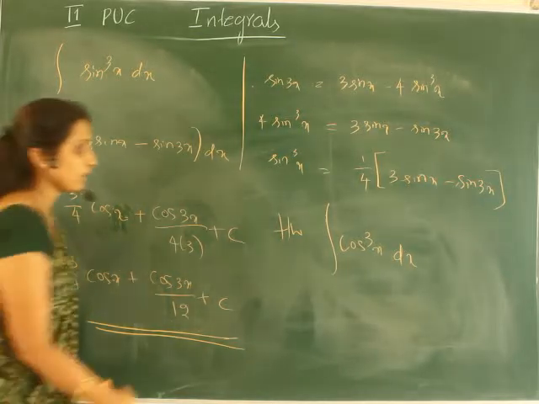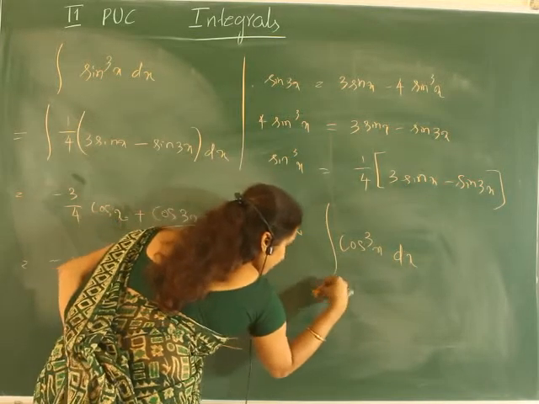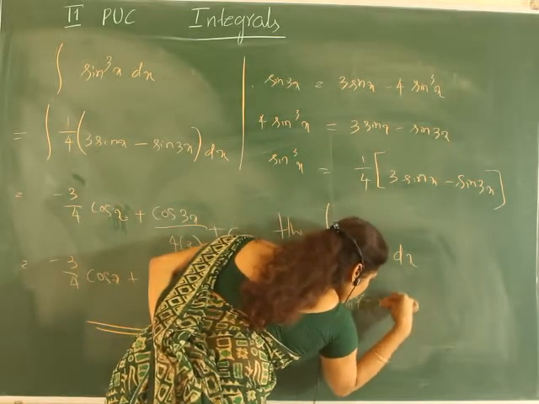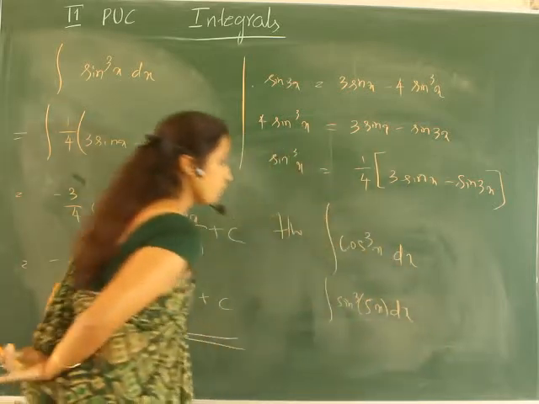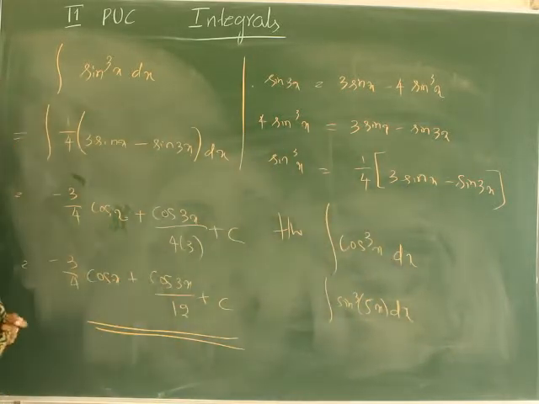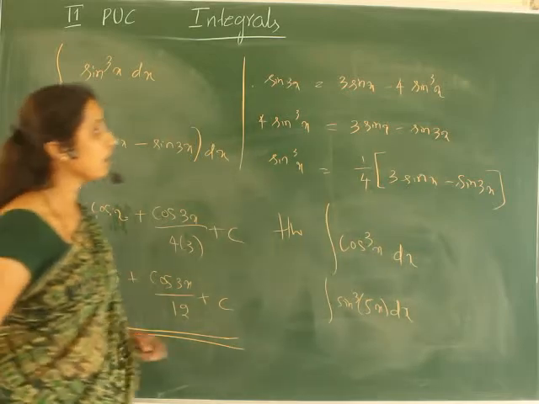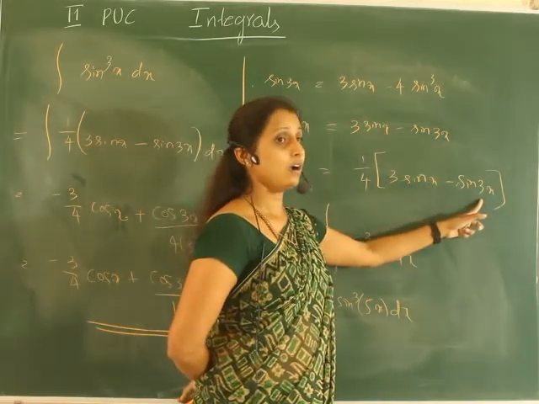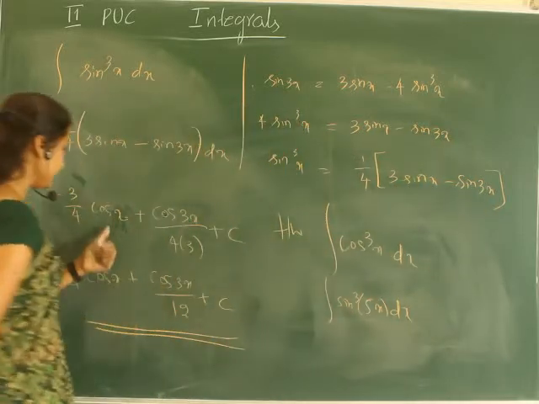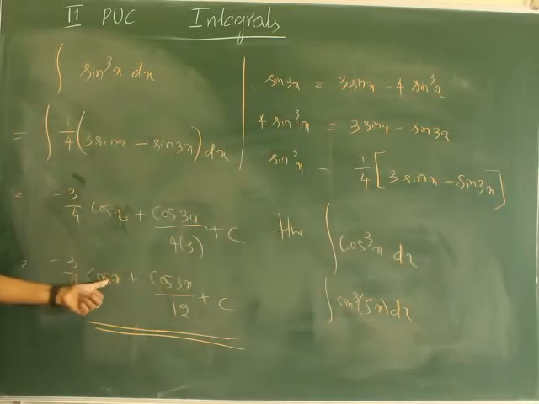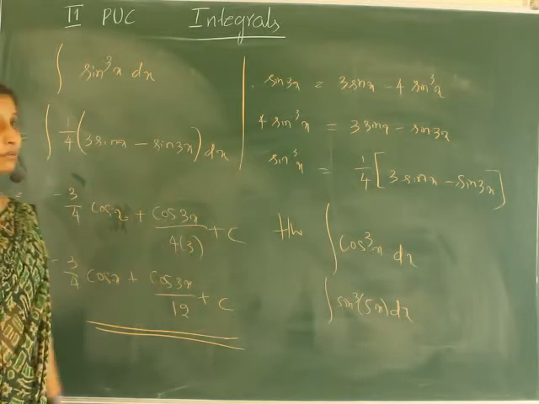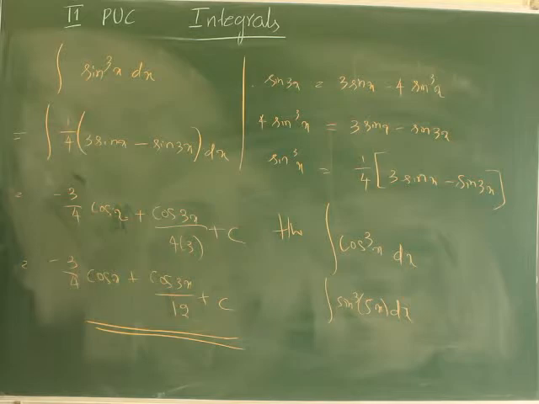Along with this you write one more, the integral of sine cube 5x also. Same formula here, the only change is there will be 5 here, here also 5, and 5 into 3 is 15. When we integrate just cos x, that will be cos 5x by something, and here not by 3, you will get it by 15. So this is one more kind of problem.